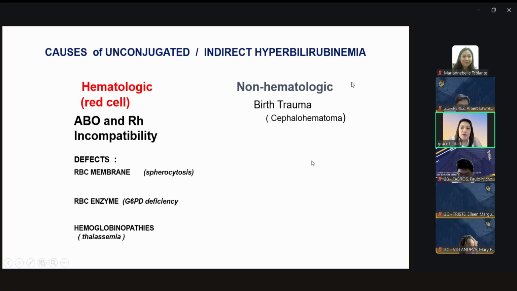In the nursery, if you have a non-hematologic problem like birth trauma, when there is a collection of blood in the skull, you have your cephalhematoma, then you will be expecting early onset jaundice.